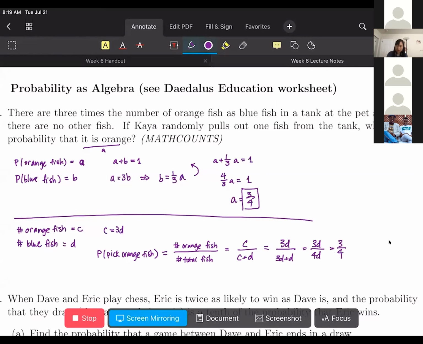That's another way you could do it too, is computing the probability directly. Any other questions or thoughts on this one?